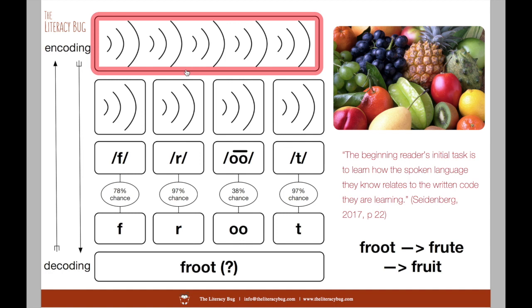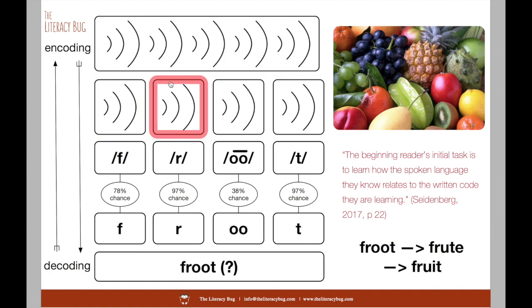If we look at the diagram again, as I hear this word fruit, and I know that there's a f, r, u, t. Those are 4 sounds within it, and I recognize that one sound's the f sound, and there's a 78% chance that it's going to be represented by the letter F. I hear the sound, there's a 97% chance that it's going to be represented by the letter R. I hear the sound, and there's a 38% chance that it's going to be represented by the letters OO.